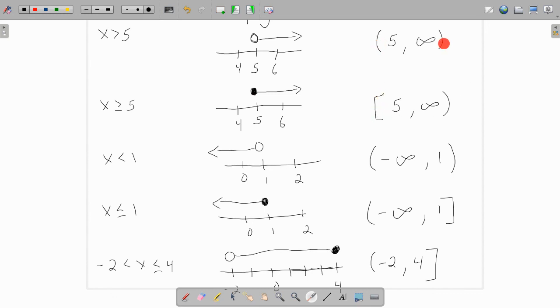Remember, infinities always get a parenthesis. Here, bar, closed, bracket. Here, open, parenthesis; closed, filled in circle, bracket. All right.